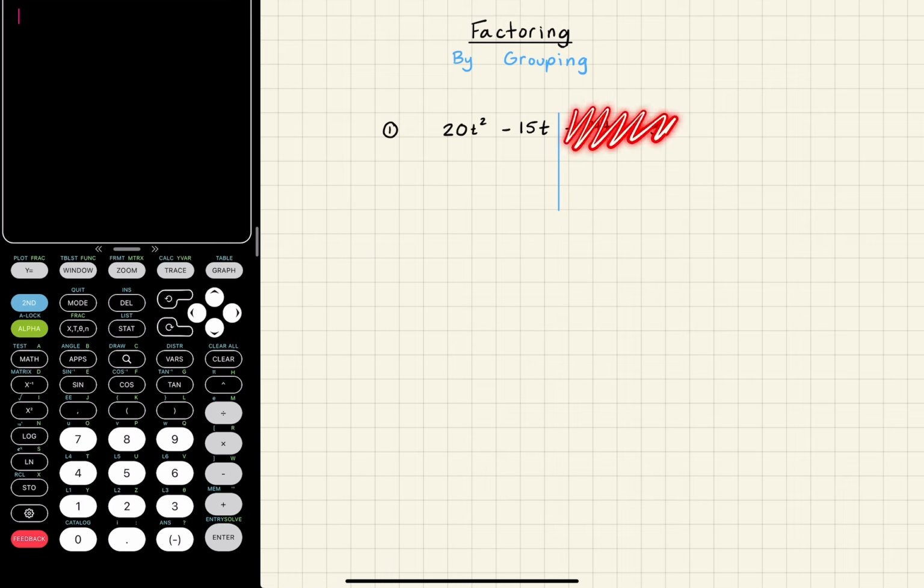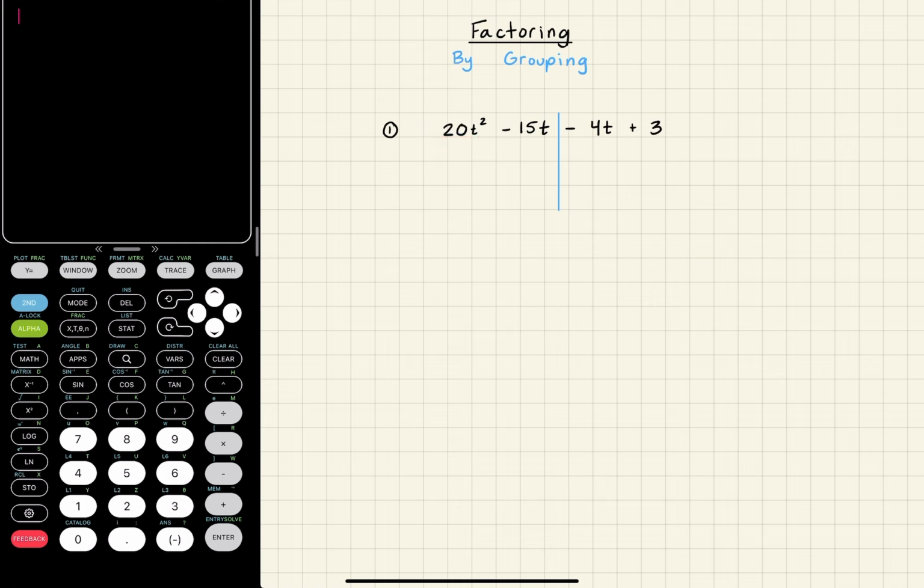We're going to ignore these terms for now and just focus on this first group. Looking at this first group, what we want to do is find a GCF. And we've talked about that. I think it was the previous video, so take a look at that video if you forget how to factor out the GCF. But looking at these 2 terms, I notice 20 and 15.